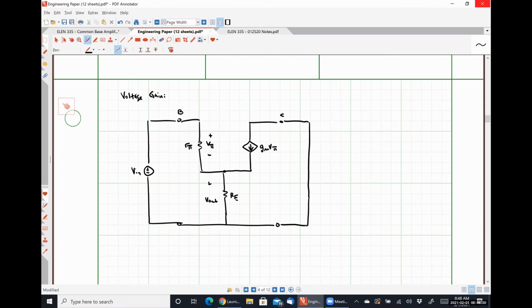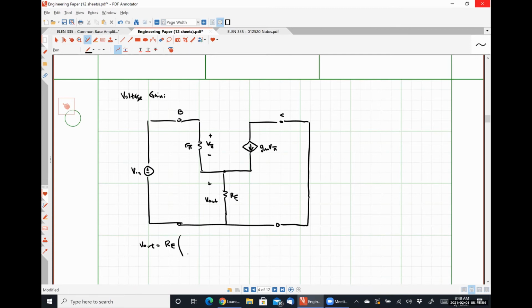All right, so let's start by writing an equation for V out. So V out should be the resistor Re multiplied by whatever current will flow through that resistor Re.